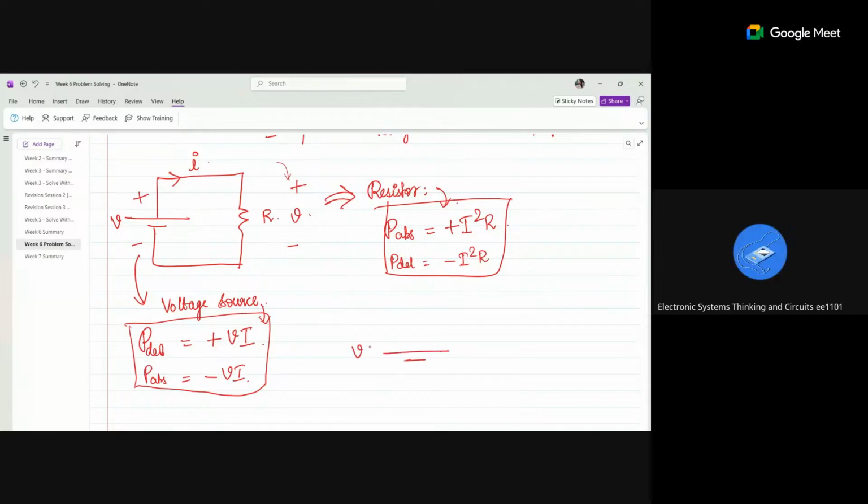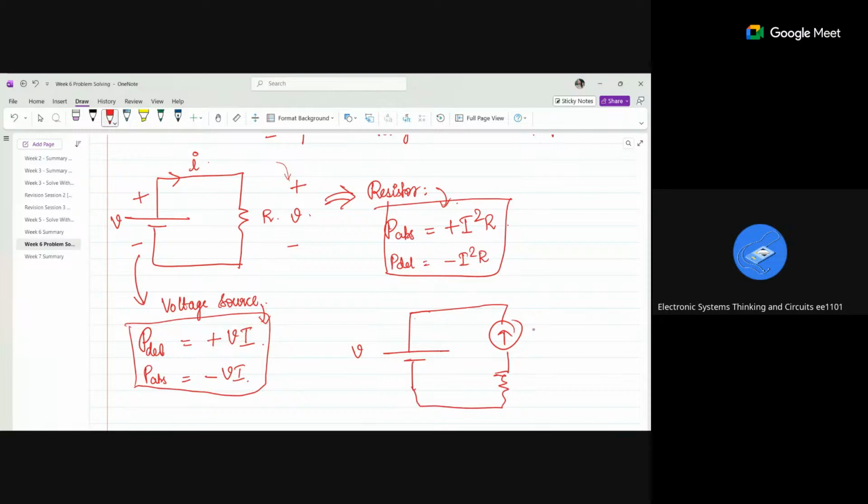So if there is a voltage source, and another current source and then a resistor. This is a current source and this is a resistor.